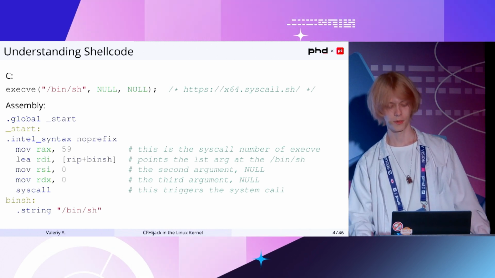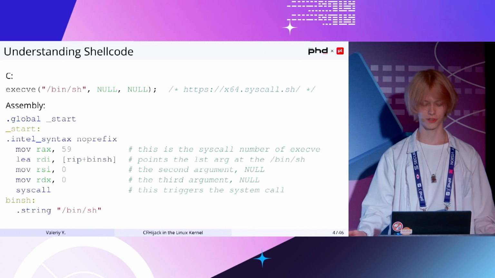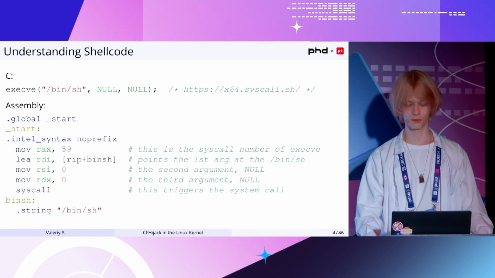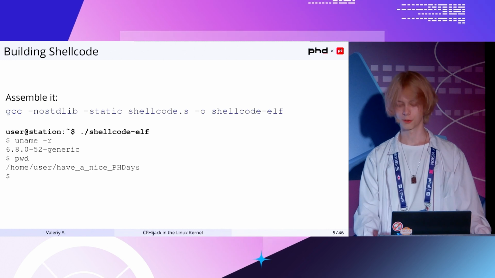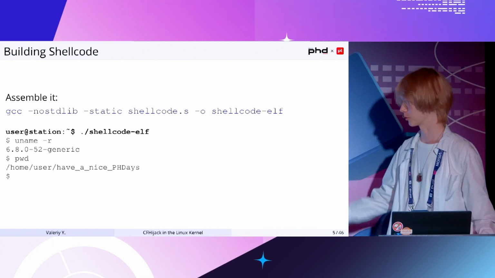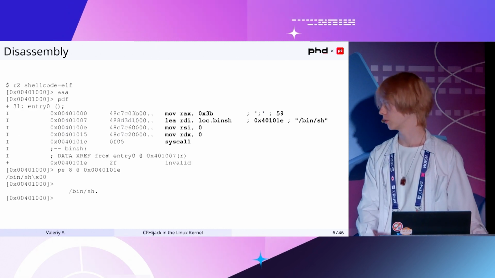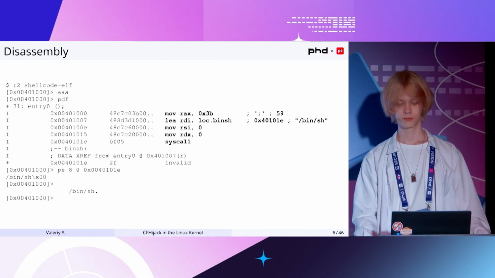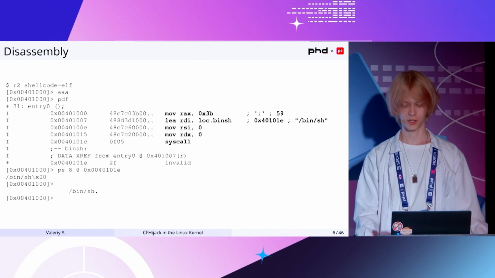And as the first argument, we upload the location of the string in the binary code, and then we add 2 zeros. Then we put it in the library, assemble it, and this is the way the shellcode works. I use radare to look through it.